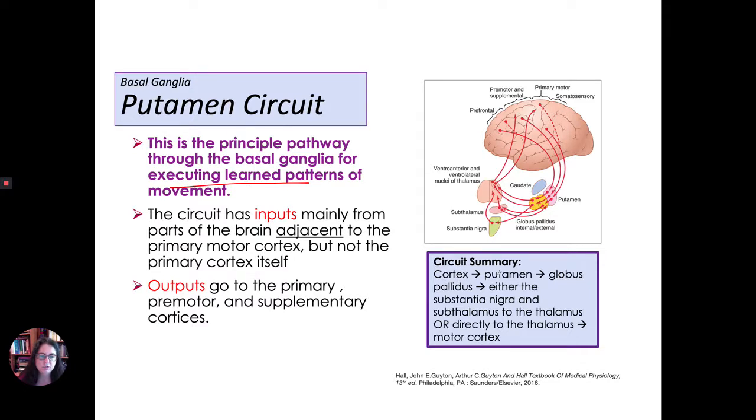And that goes to the putamen, hence the name of the circuit, and then it'll go to the globus pallidus, and it'll either go from there to the substantia nigra and the subthalamus, then to the thalamus, or it might actually just directly go to the thalamus next without going through the substantia nigra or subthalamus, and then head back to the motor cortex. So that's generally the pattern we see. Outputs from here in terms of where in the motor cortex, this goes to the primary, premotor, and supplementary motor cortices.